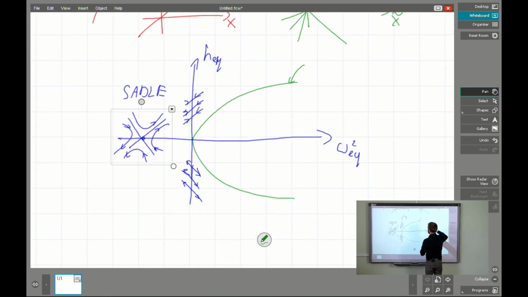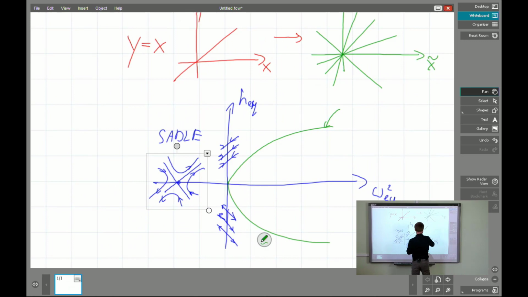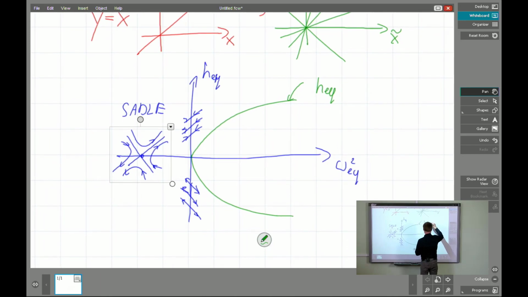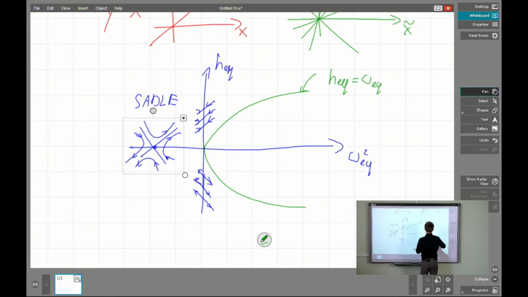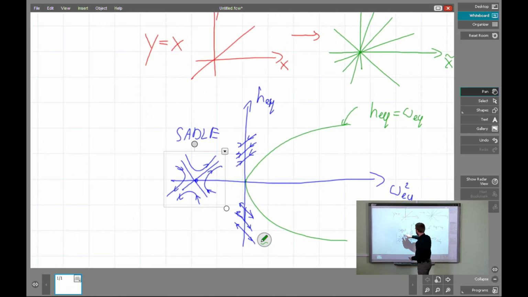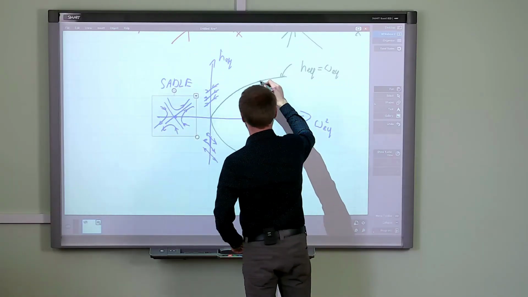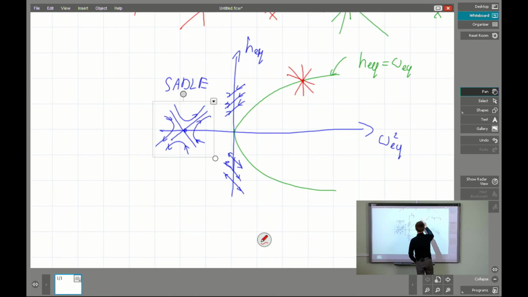I mean, where the equivalent h is exactly equal to equivalent omega, because of our last condition, and exactly at that line we have the stars as a solution. Here we have unstable star.